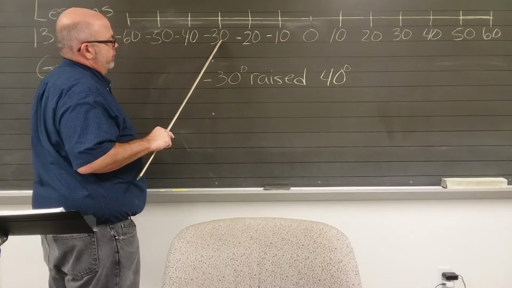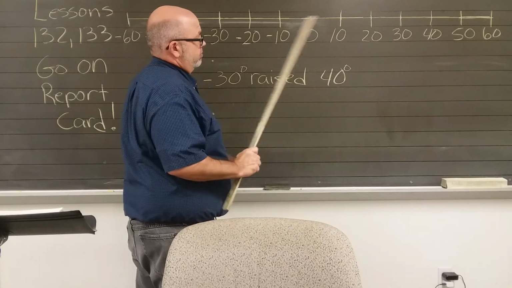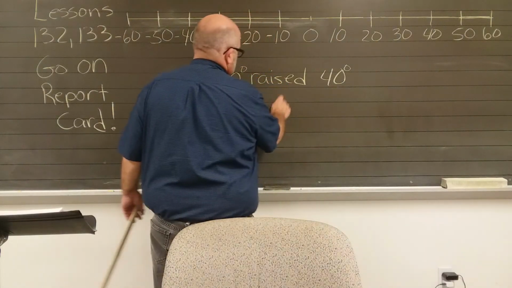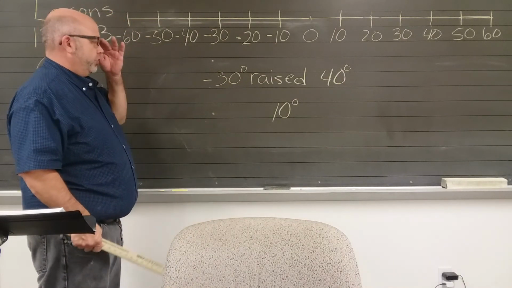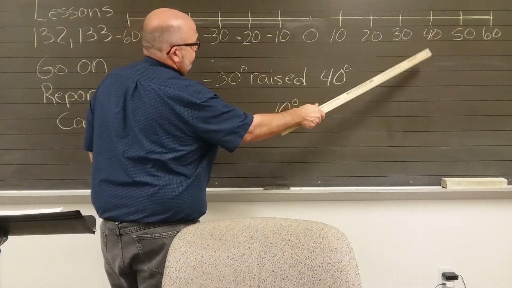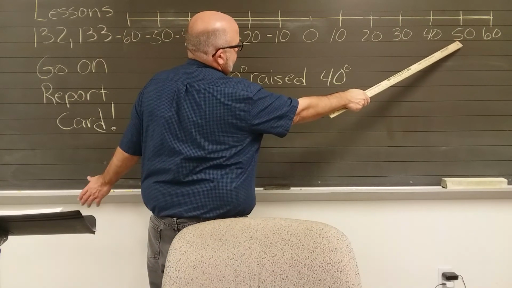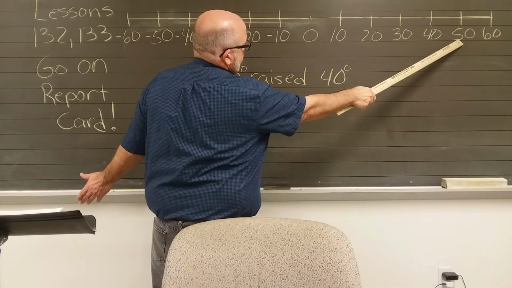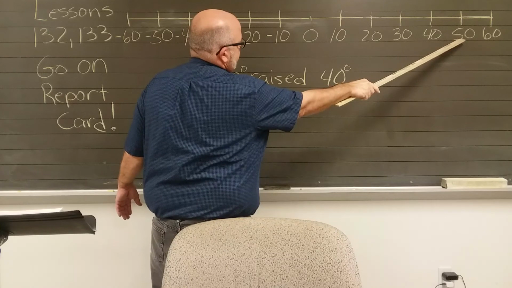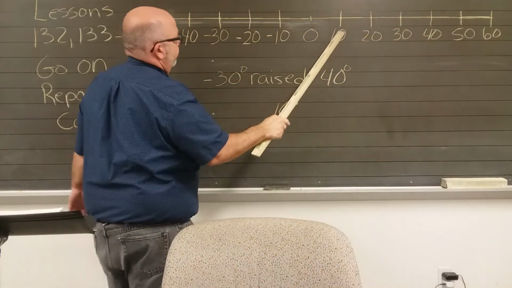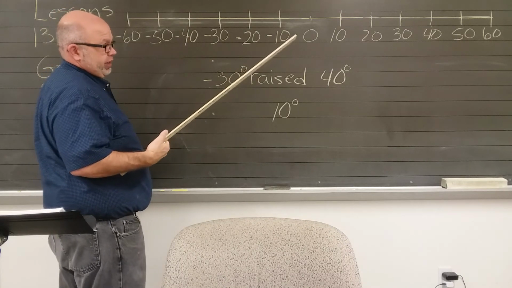You raise 40 degrees. 10, 20, 30, 40. Your temperature is now 10 degrees. Okay? Do the same thing. You're at 50 degrees and something drops 90 degrees. You're at 50, it drops 90, 10, 20, 30, 40, 50, 60, 70, 80, 90, negative 40.